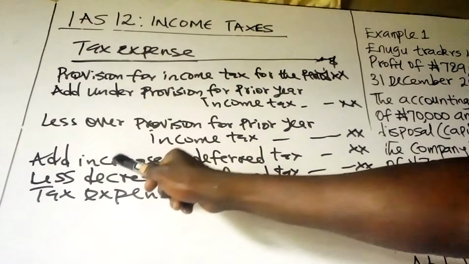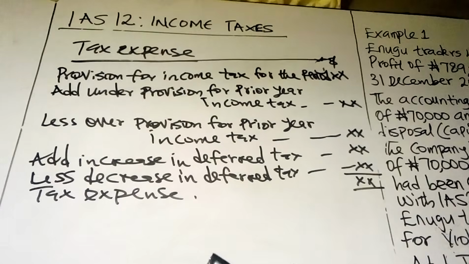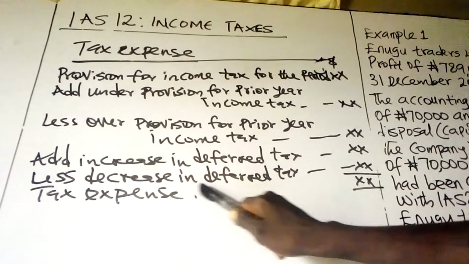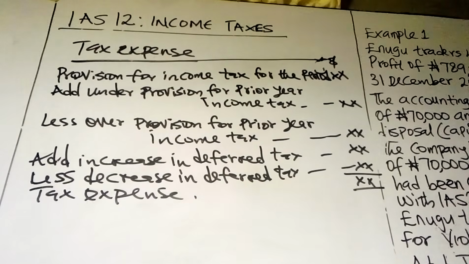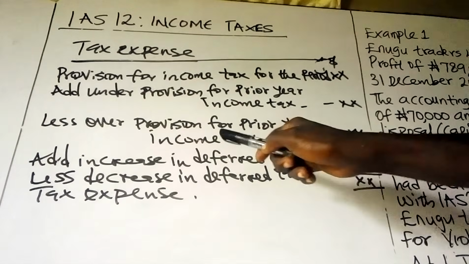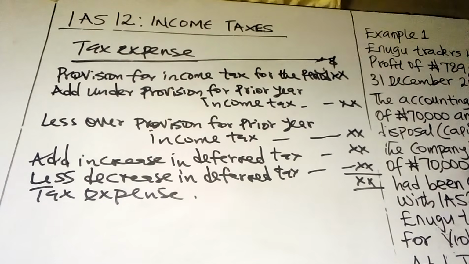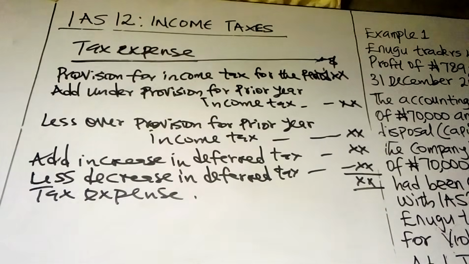Then you add increase in deferred tax and less decrease in deferred tax. Then you arrive at the amount of tax that will be expensed in the statement of profit or loss. I want to note that provision is based on estimate.